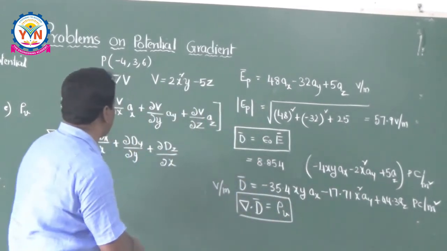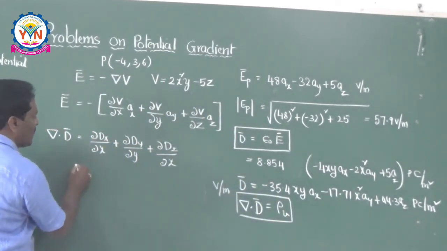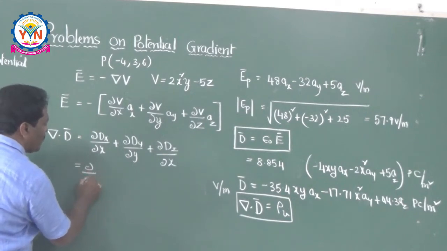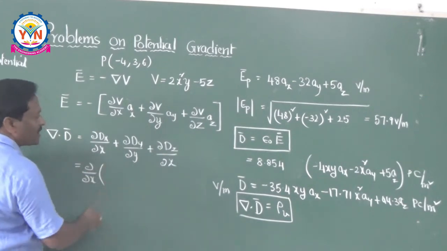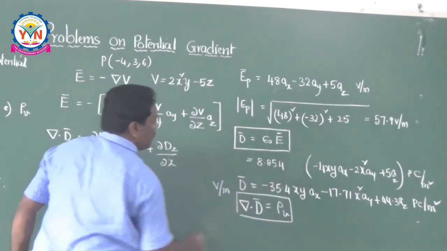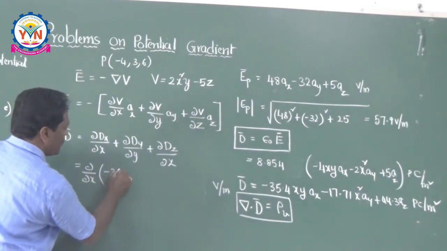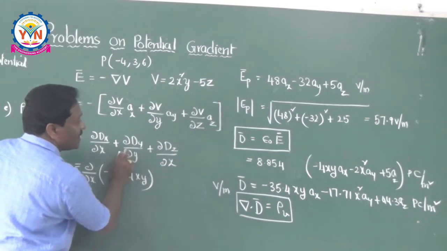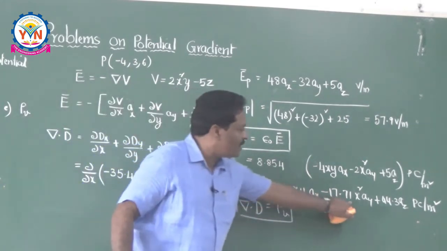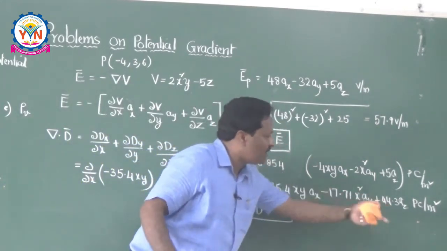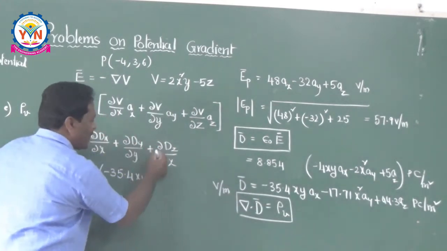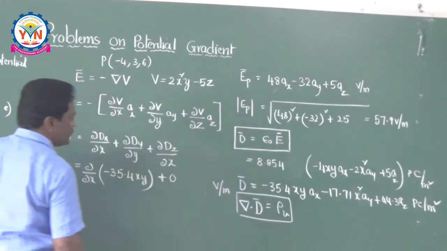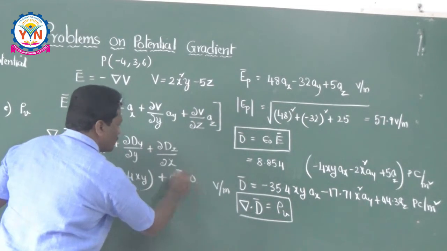So dou by dou x of Dx, which is minus 35.4 xy, and the remaining things are 0. With respect to y there is no y at all, with respect to z there is no z at all, so the remaining terms are 0, and the third term is also 0.